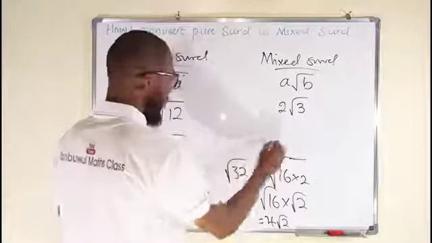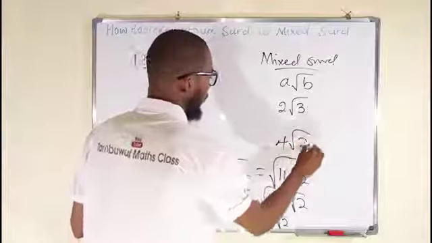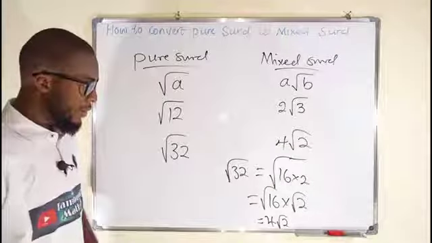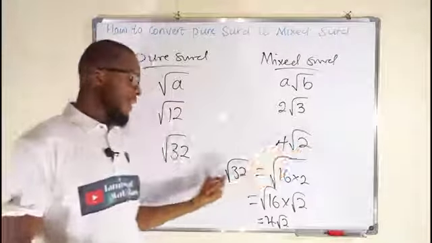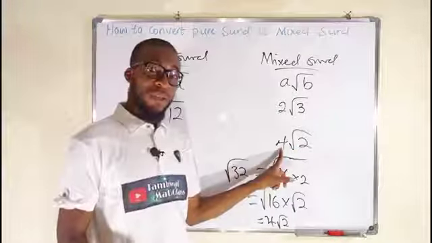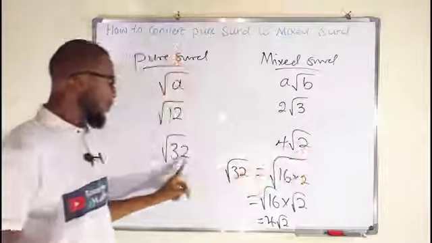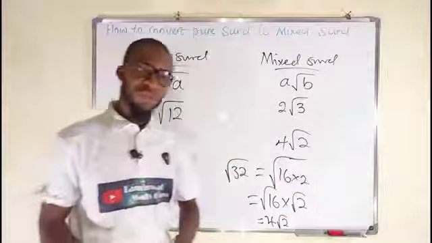So we can write this as 4 root 2. If you wish to convert this back into its pure surd, just take 4, square it, it will give you 16. 4 times 4 is 16. Then 16 times 2 will always give you back your 32.